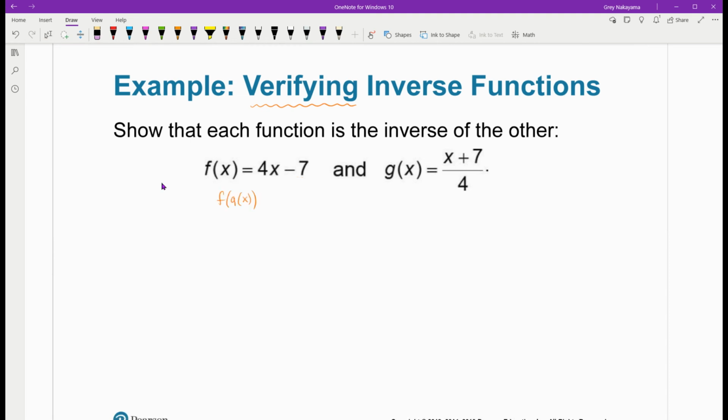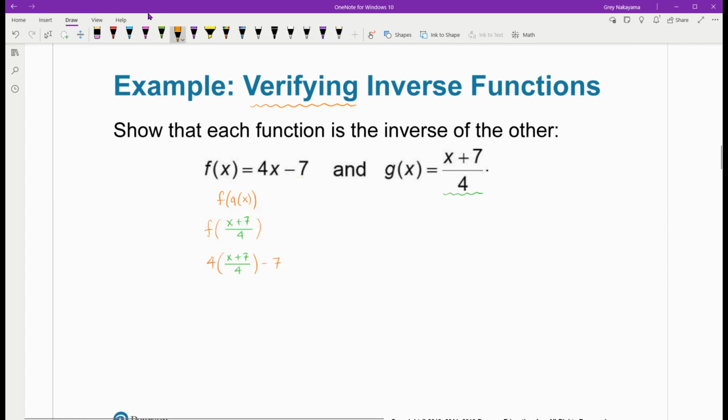So first off, the first one I'm going to do is f of g of x. Well, we always start on the inside, and g of x is this guy right here. So I'm going to do f of that. Then f says to take 4 times whatever you have in parentheses minus 7. And I'm going to carry down what goes in parentheses.